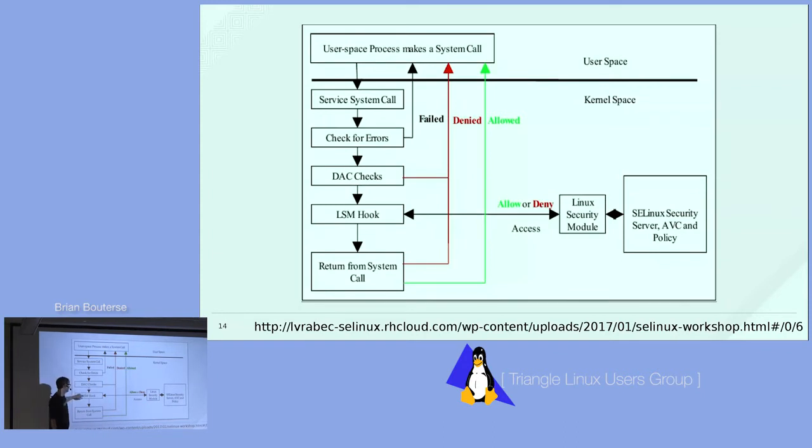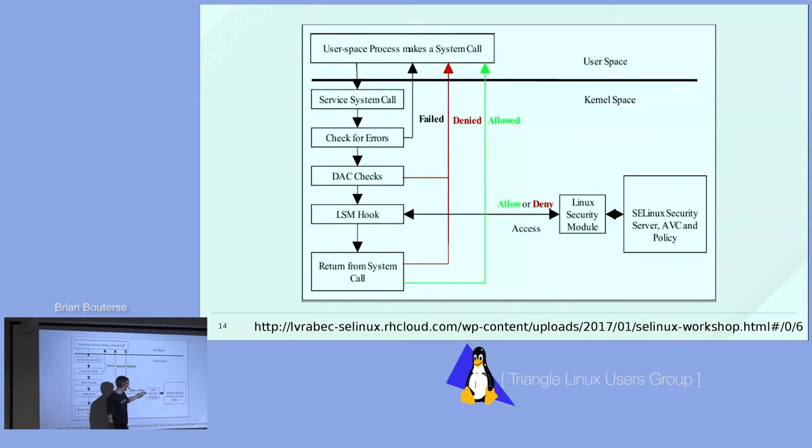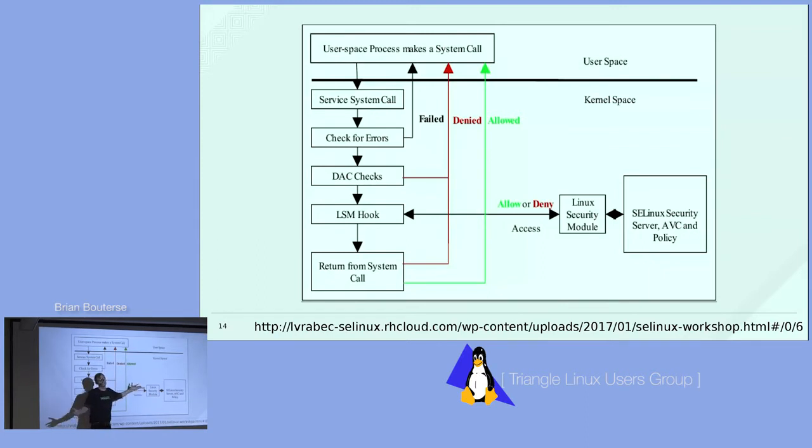So your call goes through here, and this is configurable. There's this other section here where it says, okay, the user is doing this thing, and we'll talk about how that's expressed in a minute. The user is doing something, let's look into the policy that's running on the system, and let's produce an allow or a deny. And that's what SELinux does.